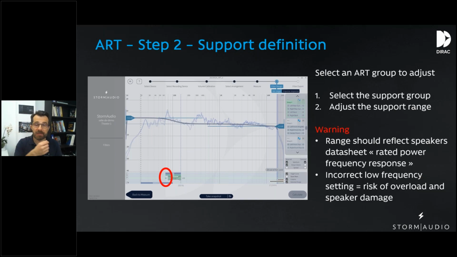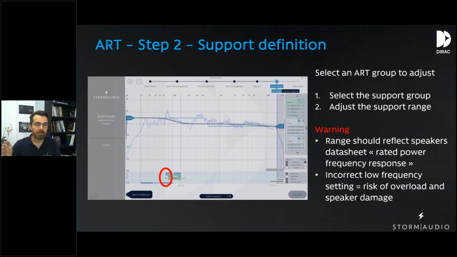So if you have a speaker that is limited to 70 Hertz, for example, the bass below 70 Hertz will go into the support speakers that are defined in this panel. Right now we're working on this group one, while the bass that are here will go into the other speakers that support it and are capable of going to low frequencies. So that's really important to keep in mind.